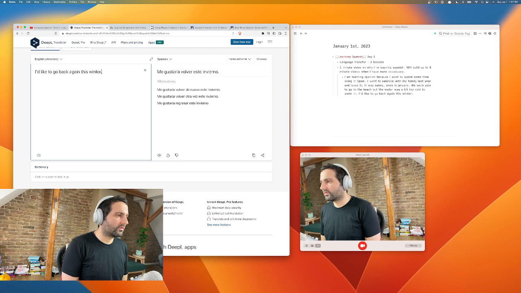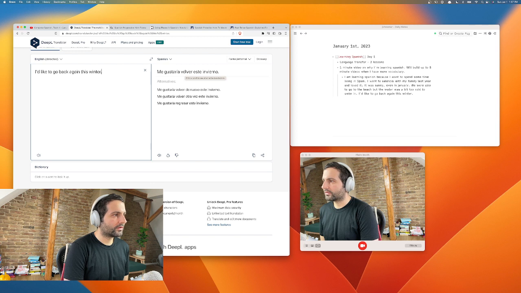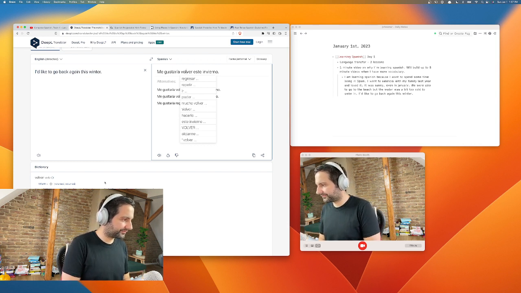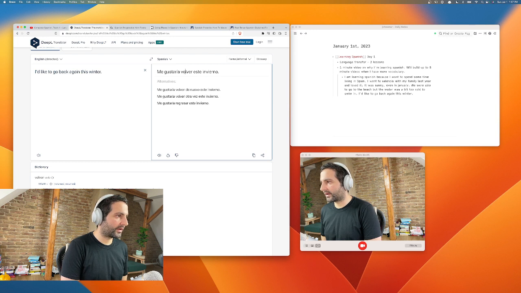So they're not using ir to go. They're using volver. Volver must mean to return to. That's even better, actually. It's more precise. Because to go, have I been there before? Return is more precise because it means I've already been there.